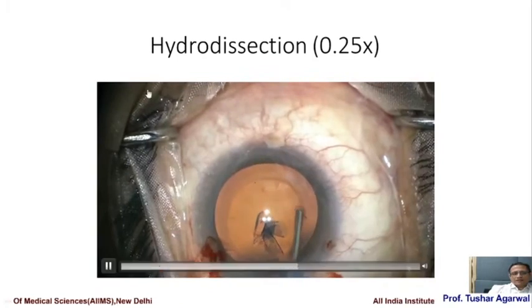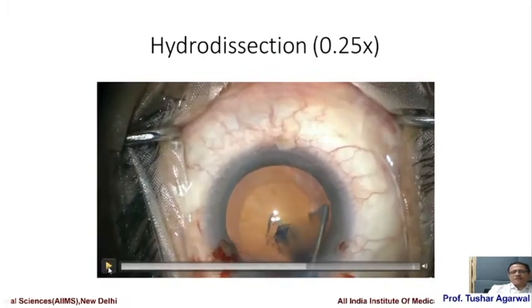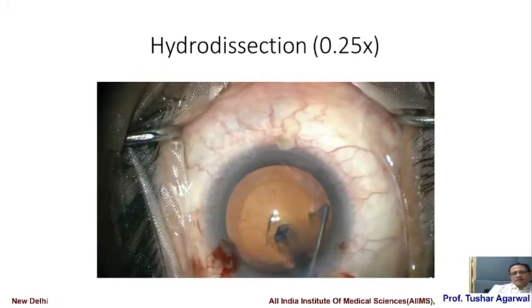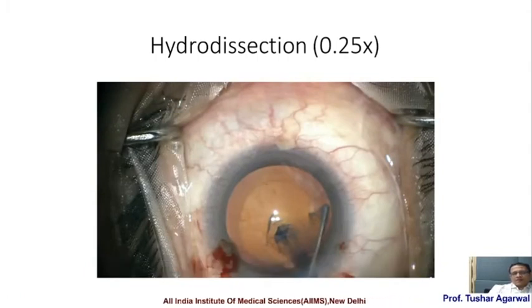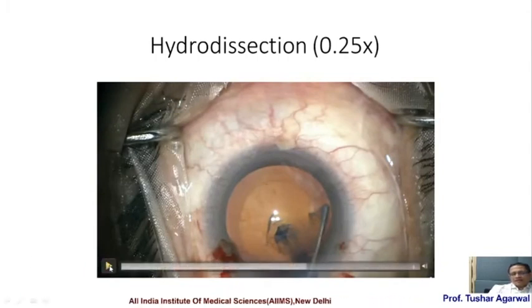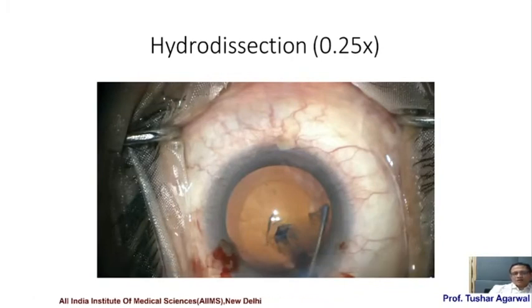At this point, you should physically feel the capsule lifting up against the BSS cannula. When you do this, you'll find that you are in the correct plane, and at this point you point the BSS cannula against the undersurface of the capsule, and this is where you inject, not into the cortex, against the undersurface of the anterior capsule.